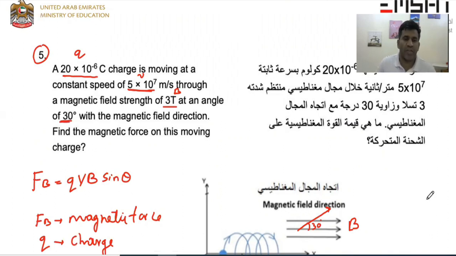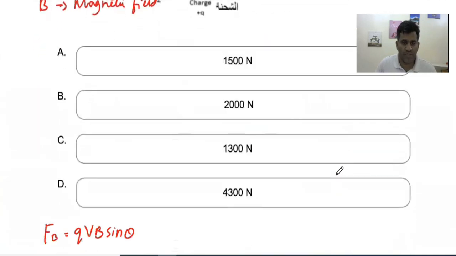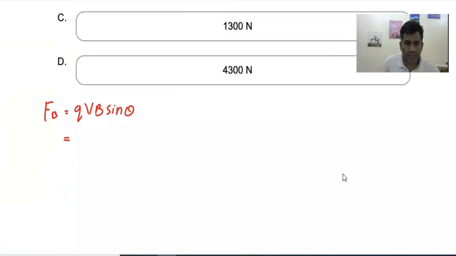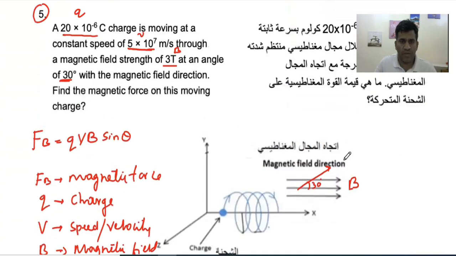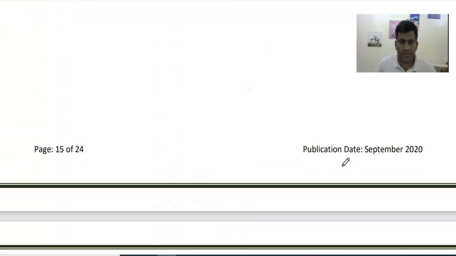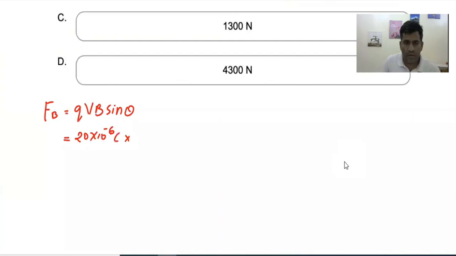Substitute 20 into 10 to the power negative 6 coulomb as the charge, times the speed 5 into 10 to the power 7 meter per second, times the magnetic field B, which is 3, and the sine of angle 30.